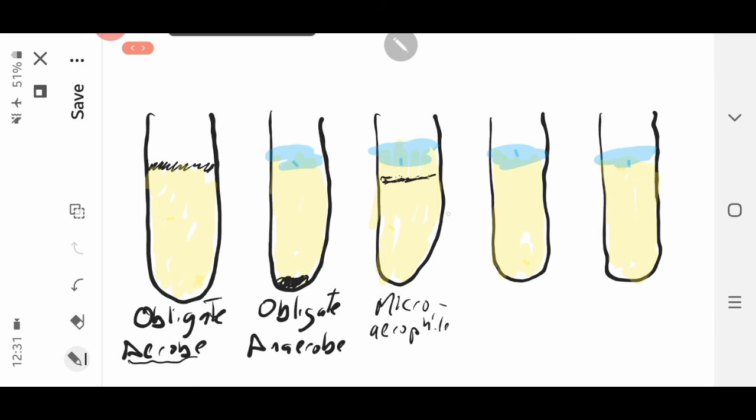Because remember, there's this gradient going down, and depending on just what they want, you'd see them growing right in there. And they're using just a tiny bit of oxygen, but they are, so they would probably consume. You may see a little bit of methylene blue indicator, but could be all gone because they still are using up oxygen, but just little sips, a little bit, not too much, not too much. Okay, so the next 2.